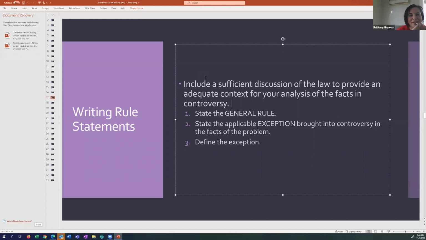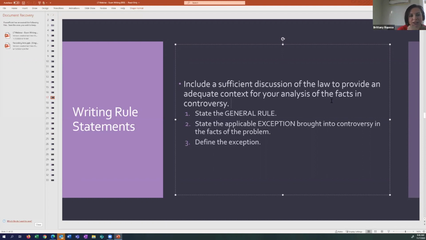Sure. I think what I do see a lot is students writing everything under the kitchen sink with no rhyme or reason, no structure. And so that's why I always teach writing rule statements almost like a funnel, writing the general rule and then continuing to get more specific.